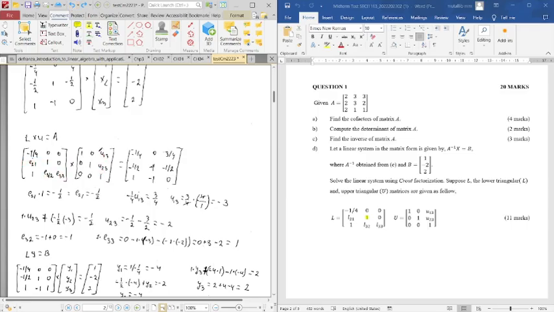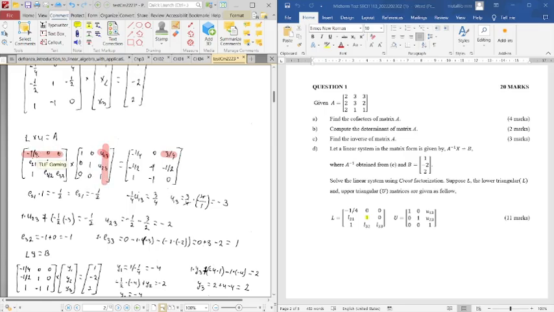Let's say here we're going to do it for element U13. As you can see, the corresponding element in the matrix is 3 over 4. So to find 3 over 4, we multiply the first row by the third column.